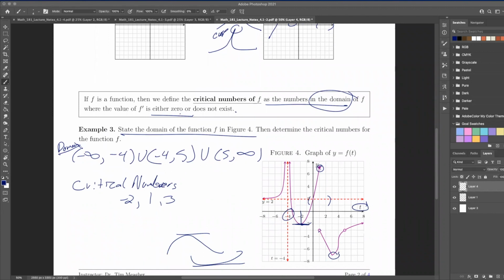Could you explain? Oh yeah, so we're looking at the domain here. Where's the function defined? The function is defined everywhere up to -4, but at -4 it's not defined because these both go to infinity. Then from -4 to 1, it's defined, and it is defined at 1 because I have a value at 1, and right after 1, I have a value.